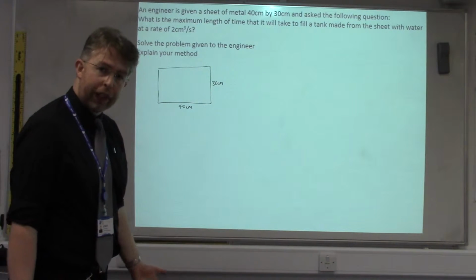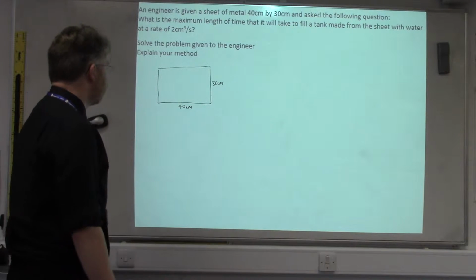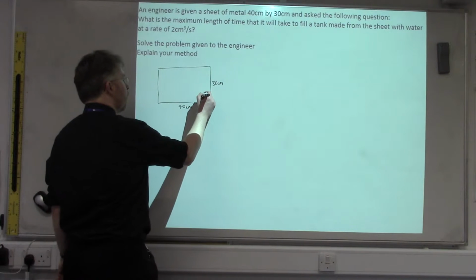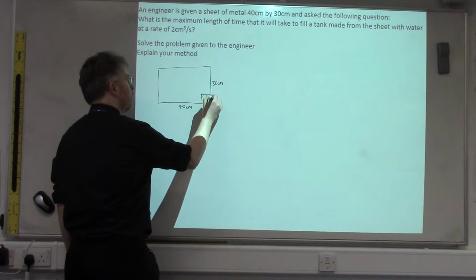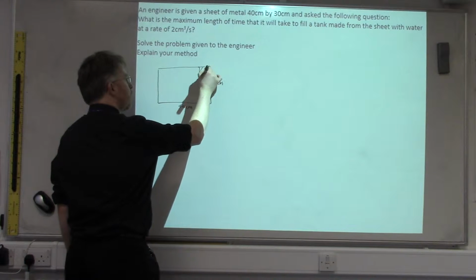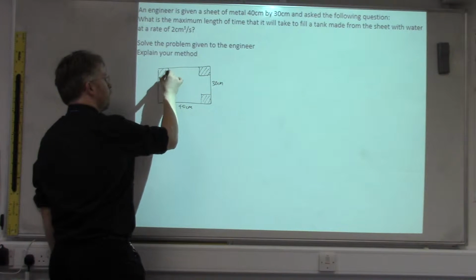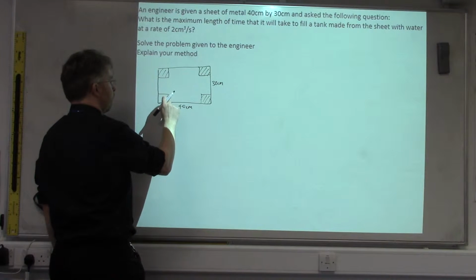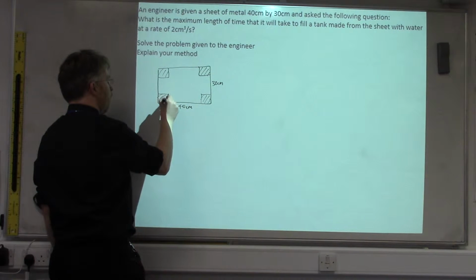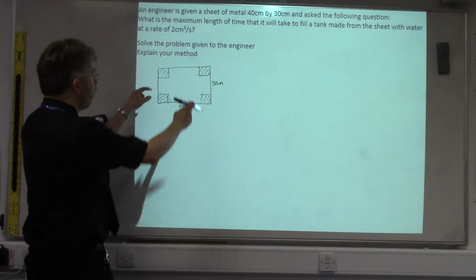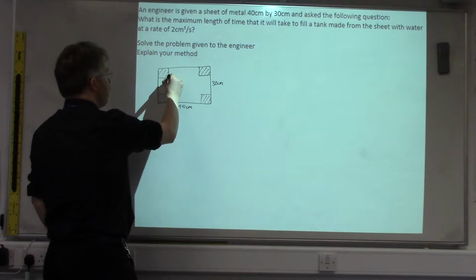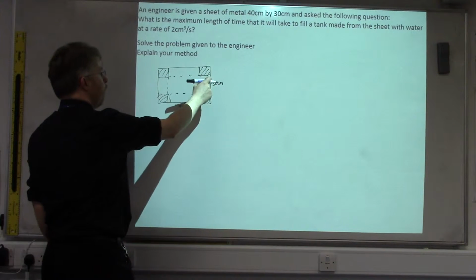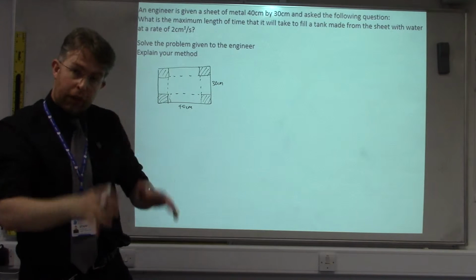So first of all, we need to find the maximum volume. Now to create a box out of this sheet, we're going to need to cut out corners. And the corners will have to be squares because these outer rectangles will be the flaps, and we would flap it up to create our box.